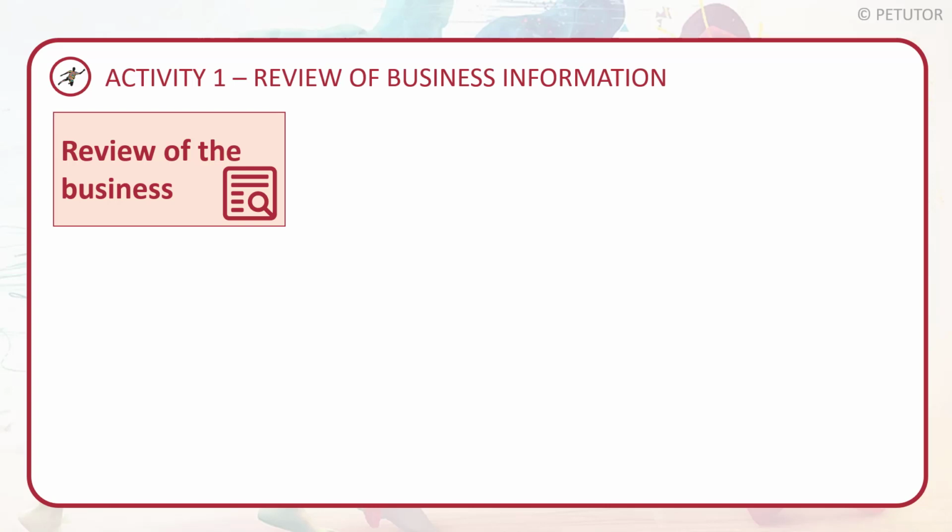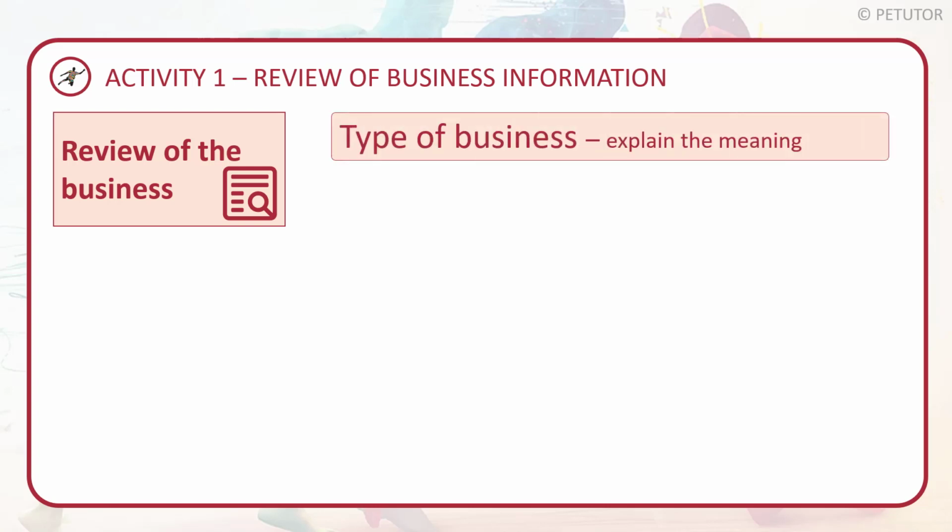The sorts of things that we should be looking at is the type of the business. Your students should be able to pick out what type of business the case study business is, and I mentioned earlier on in the course what the scope of the business might be, both for the case study business and the rival business. So type of business is important, and they need to take that knowledge further and explain what it means.